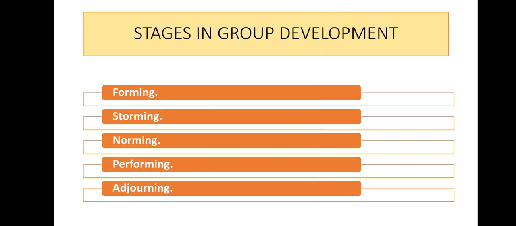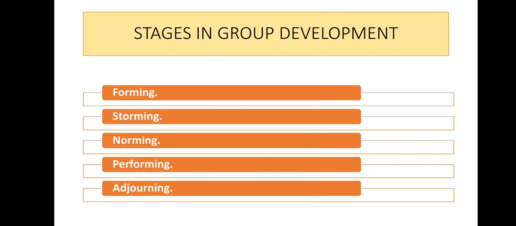So, stages in group development. What is a group? A group is a collection of two or more individuals who are going to interact for the achievement of a common cause, or who are going to achieve the common goal.